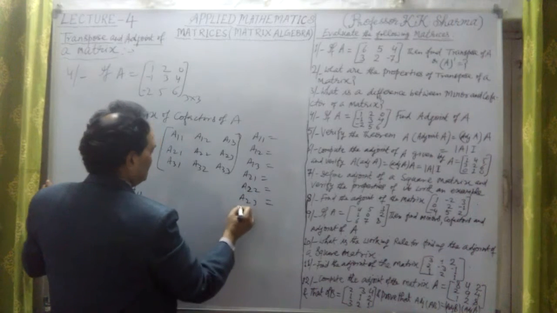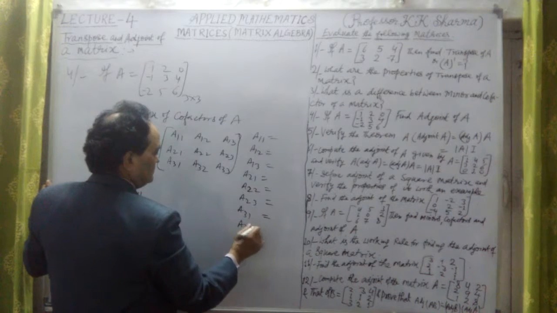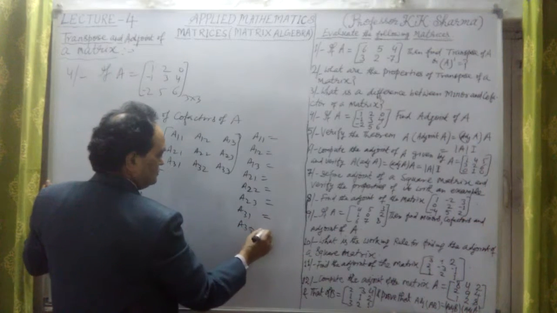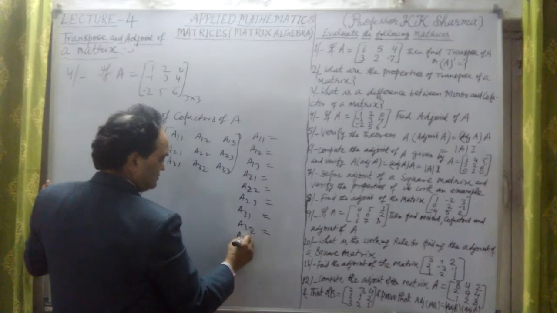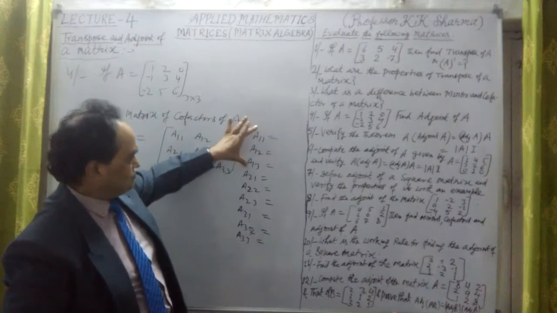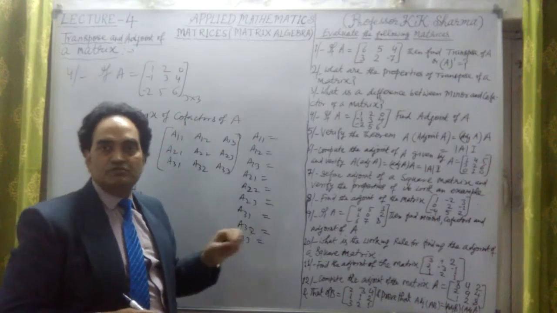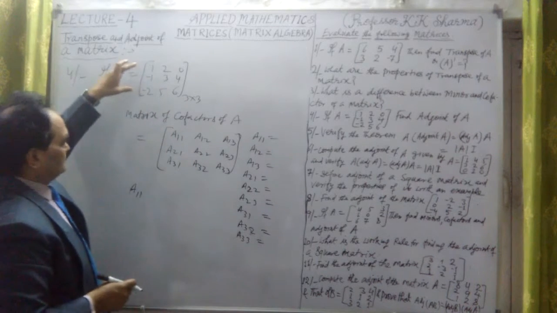A23 is what? A31 is what? A32, sorry. A32 is equal to what? And A33 is what? All these values we have to calculate, 3, 3 and 3, total 9 values. All these cofactors we have to find out of every element of this.